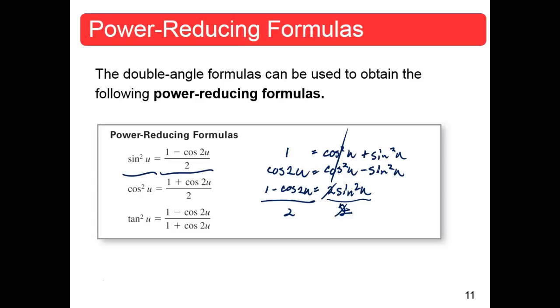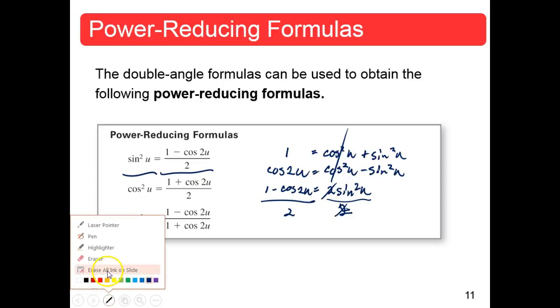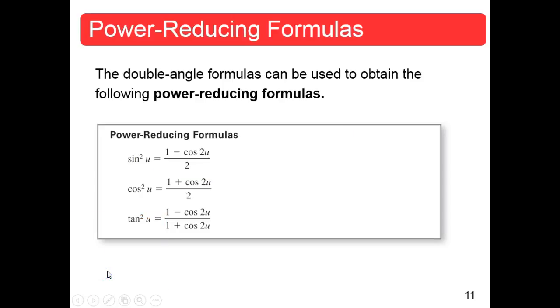Here they are. Now I'm going to erase all my marks here, how we went about finding them. Now, this is a squared on this side with a double angle here. What we're going to do here is name this to be some single variable, what you want it to be.